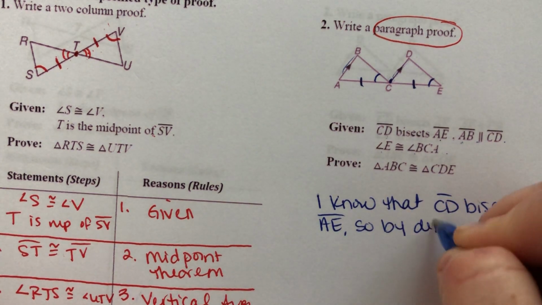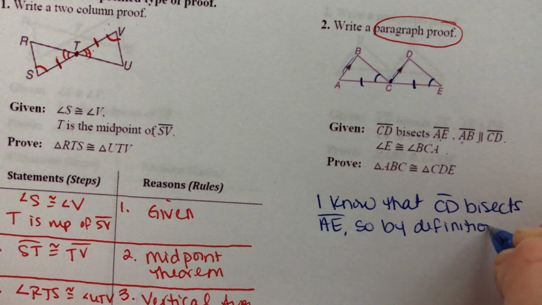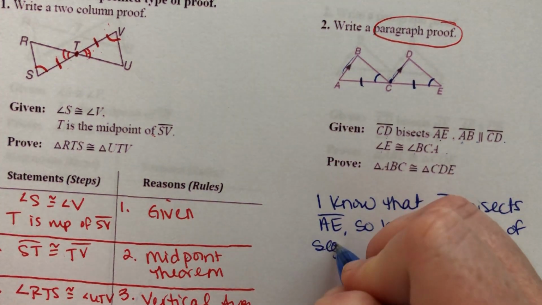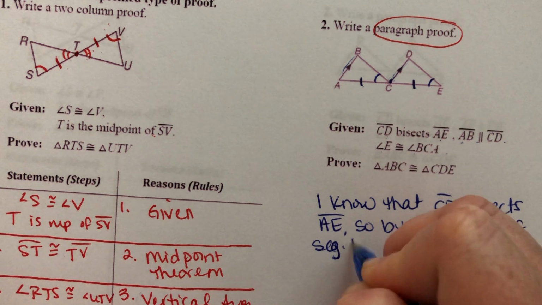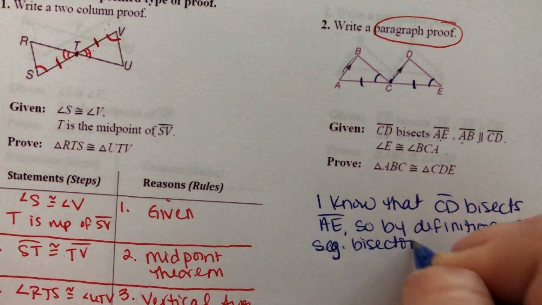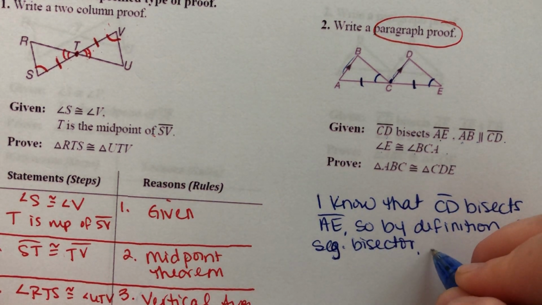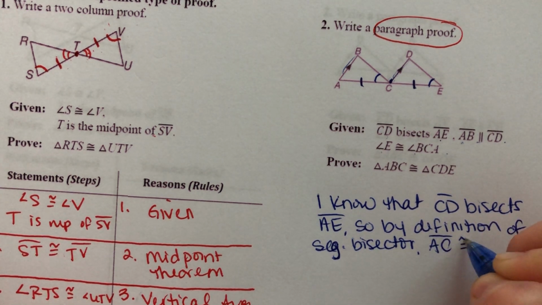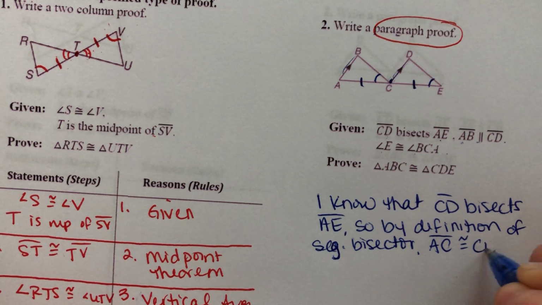So by definition of, I'm going to abbreviate. You should not abbreviate, but since I'm doing this on the video, I'm going to abbreviate. Segment bisector, AC is congruent to CE. Okay, so there's my first sentence.